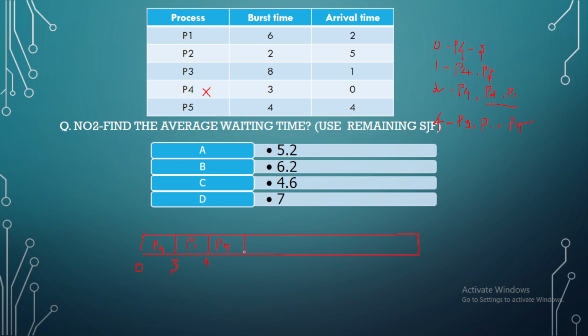P5 will run for 1 nanosecond, because at the time of 5 P2 arrives. So we have P3, P1, P5 and then P2 with an execution time of 2 nanoseconds.